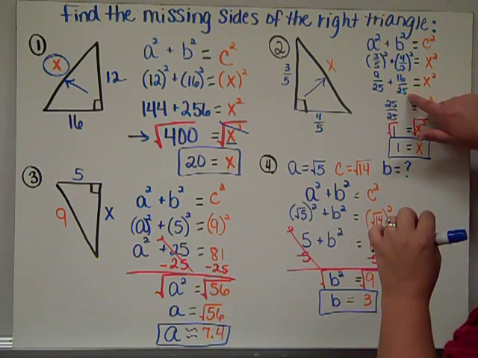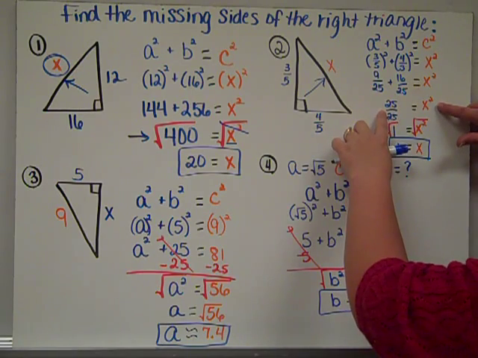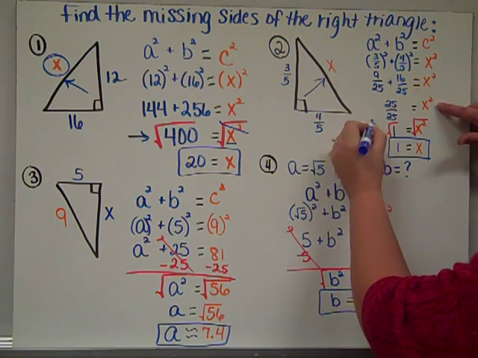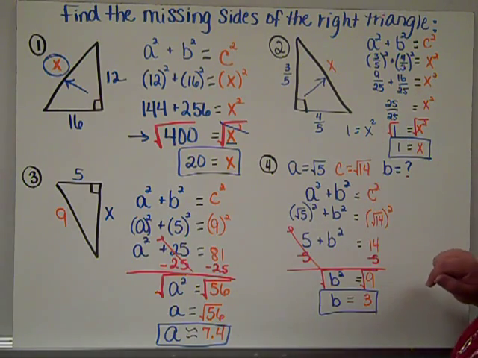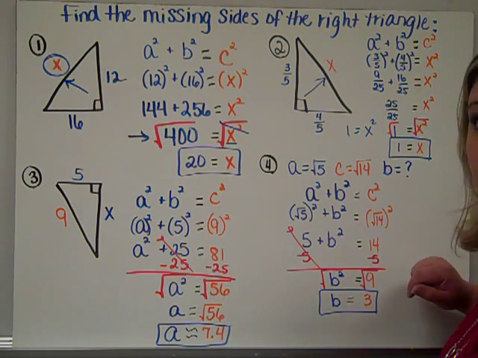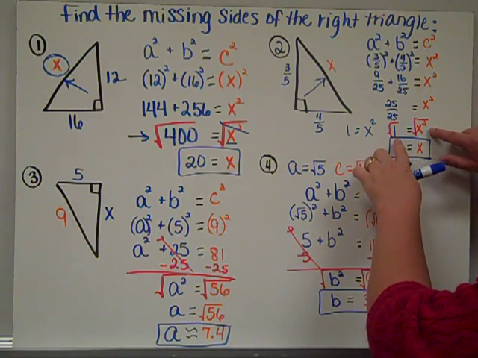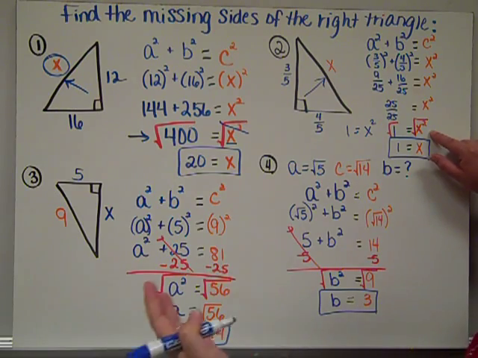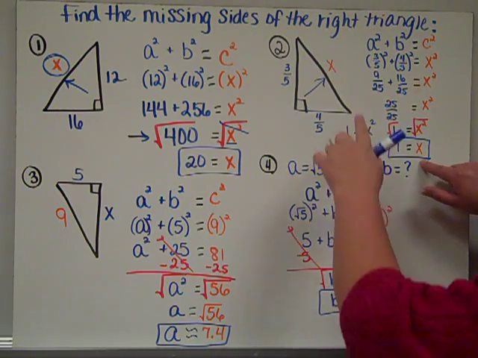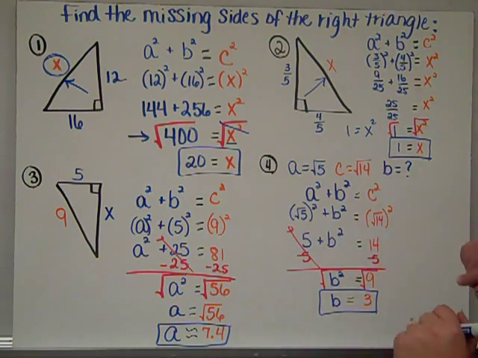I add them together, that I have x squared equals 1. At this step, again, inverse operation of a square, we need to take the square root. So there, when I get the square root of 1, that is 1, because 1 times 1 is a perfect square. So that side length equals 1.